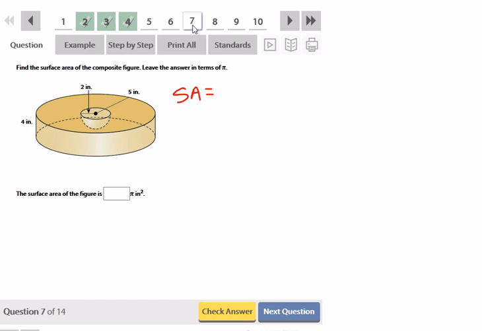So the surface area of a cylinder is 2 pi r h. The radius of the cylinder, they tell me, is 5, times the height of the cylinder, which is 4, plus 2 pi times the radius squared.